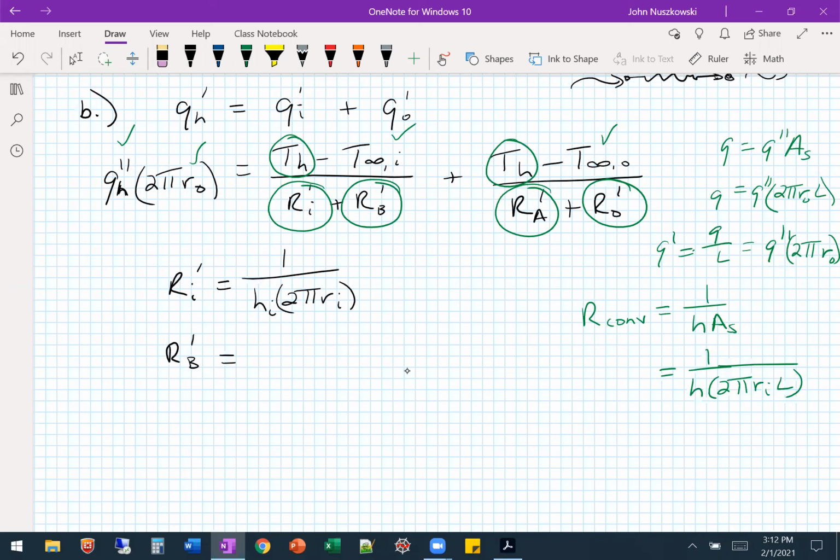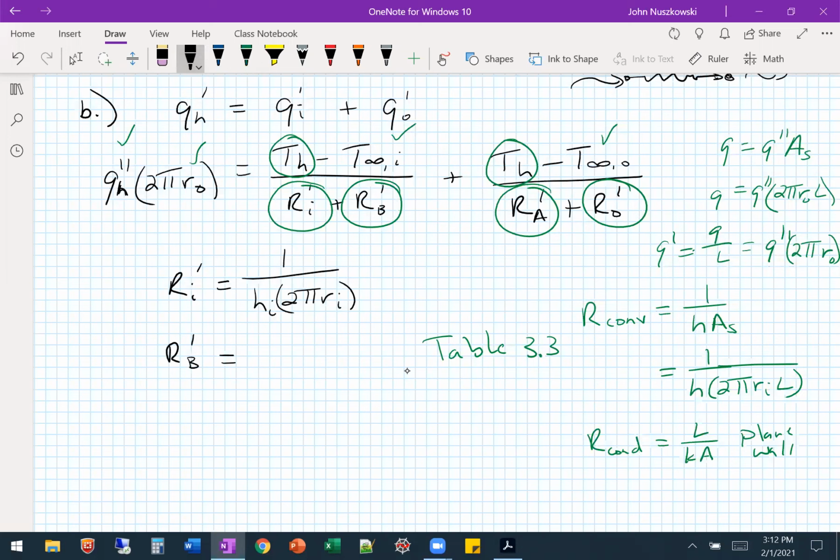That looks like L over kA, right? That's for a plane wall. So we have a cylinder in the r direction, so we have to go to table 3.3, and ln r2 over r1.